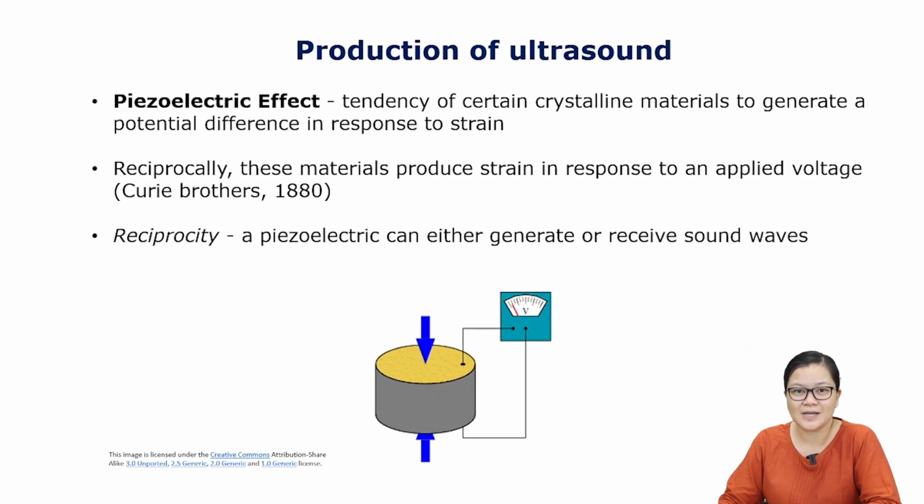So an ultrasound system typically consists of electronic instrumentation that will send an electrical signal to a piezoelectric element. That element will then vibrate and produce ultrasound into the medium that it is transmitting to. So a piezoelectric can either generate or receive sound waves by a principle known as reciprocity.